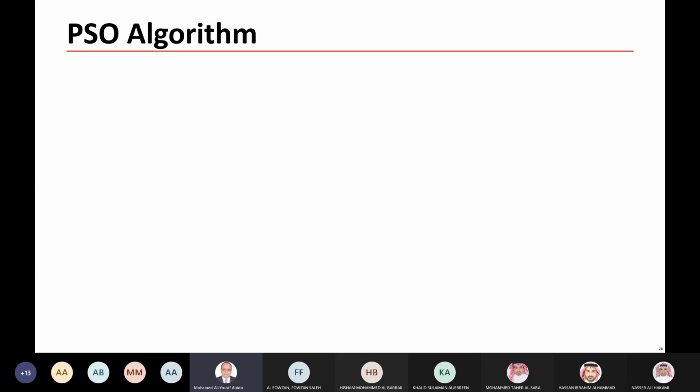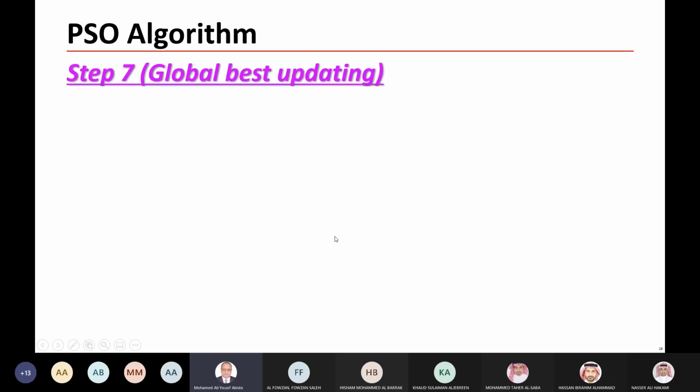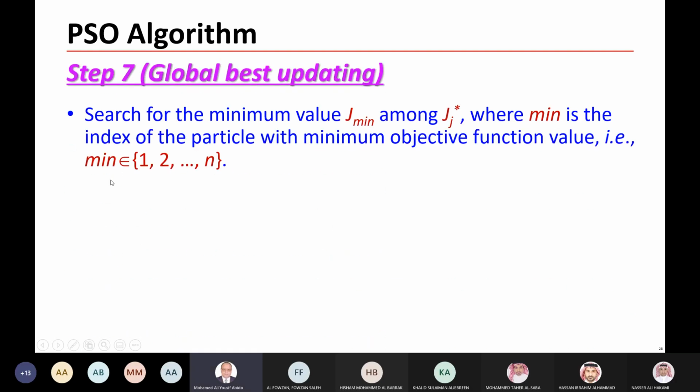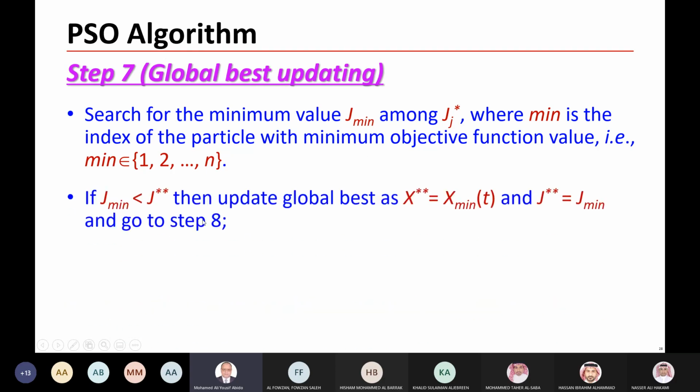Now we update all the best positions. The next step is to update the global best. Check or search for the minimum value, J minimum, among all the local bests, get the solution corresponding to J minimum, and set it as the global best.